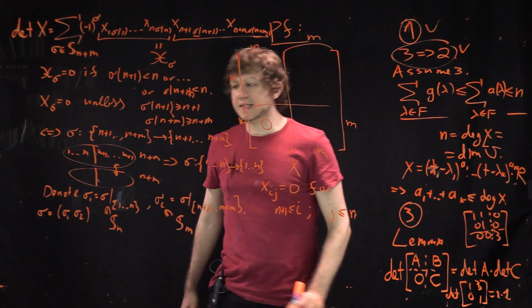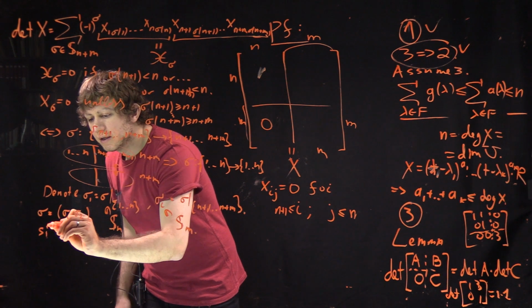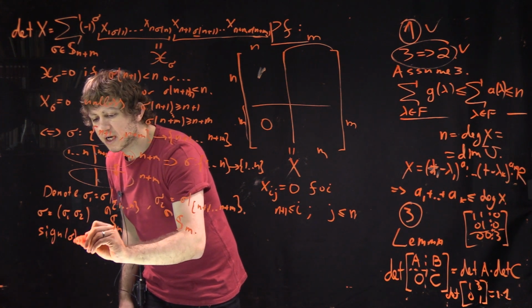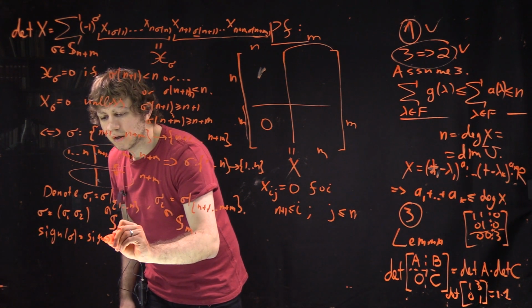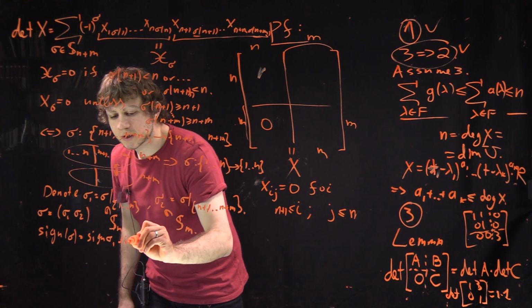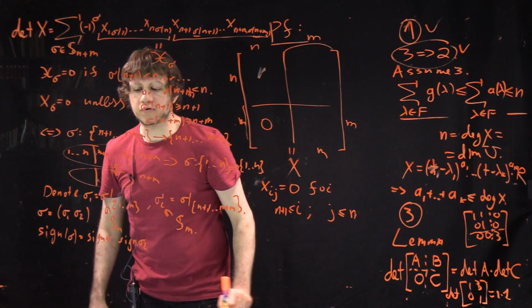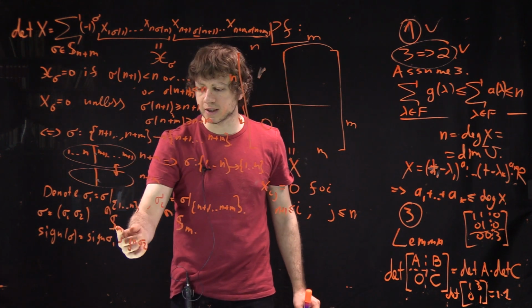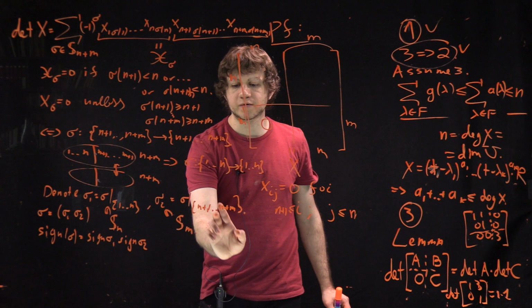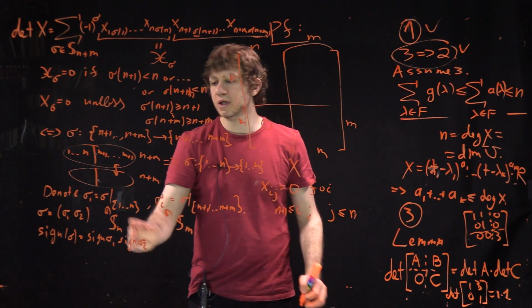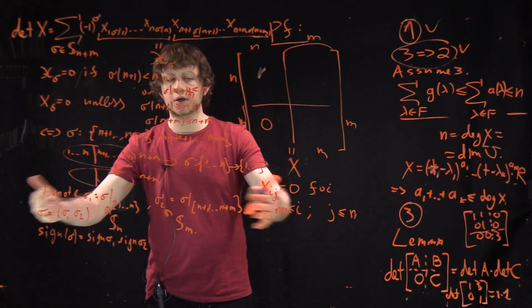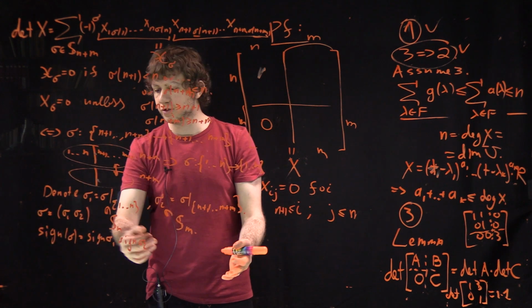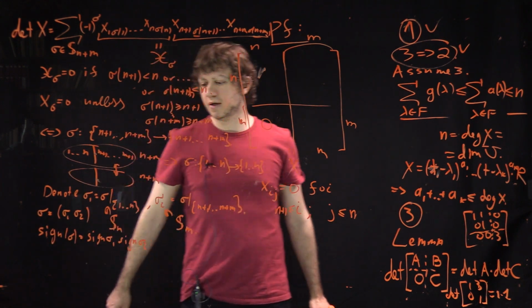And then clearly the sign of sigma is nothing but the product of the signs of sigma 1 and sigma 2. And you can prove it in any way. For instance, if you present sigma 1 as a product of transpositions in Sn, and sigma 2 as a product of transpositions on these letters, then sigma 1 times sigma 2 will be a product of all these transpositions, so its sign is the sum of signs.